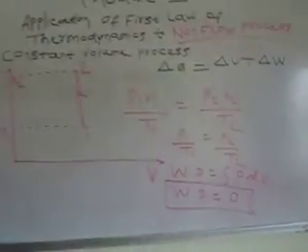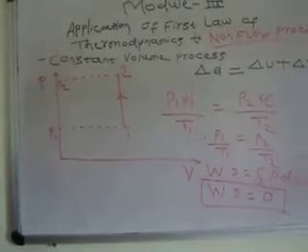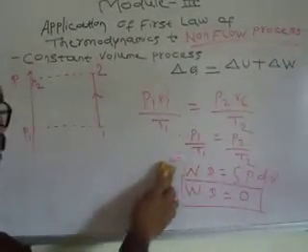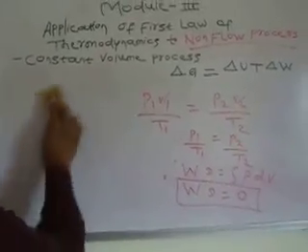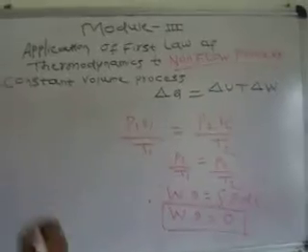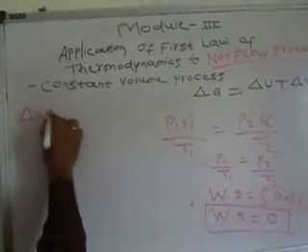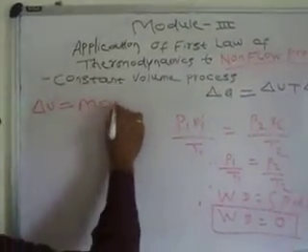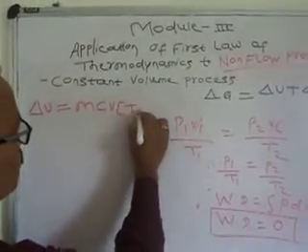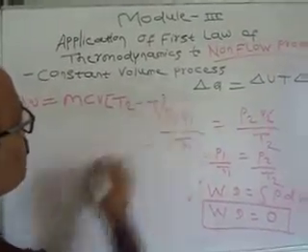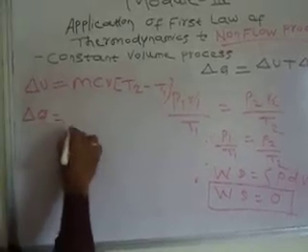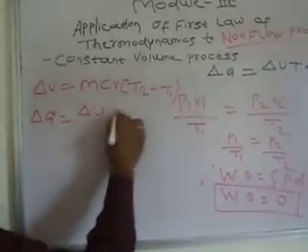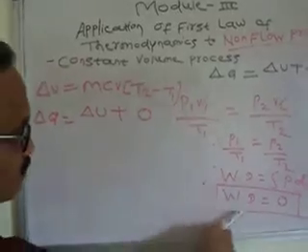Now let us try to calculate the change in internal energy. Delta U, the change in internal energy, is given by the equation M into CV into T2 minus T1. Let us recall the first law equation: delta Q is equal to delta U plus 0, because W is 0 here.